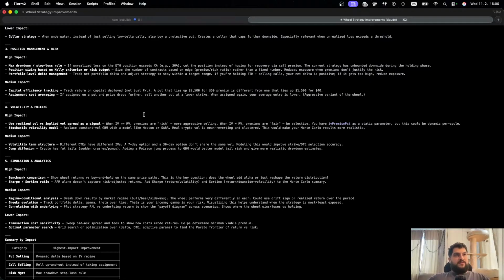When implied volatility equals realized volatility, premiums are fair, so be selective. You have IV premium percentage as a static parameter, but this could be dynamic per cycle. Yeah, I didn't like this parameter actually, because I never tuned it. We can actually use this one.